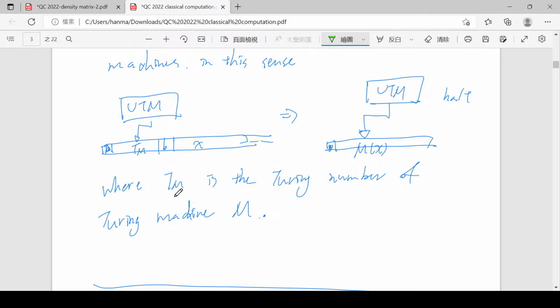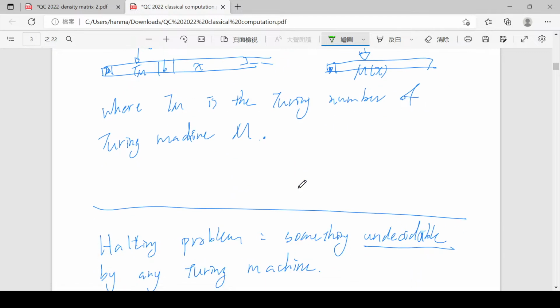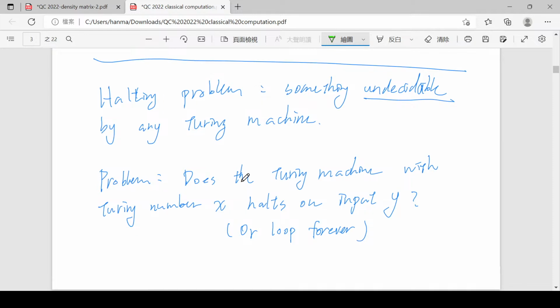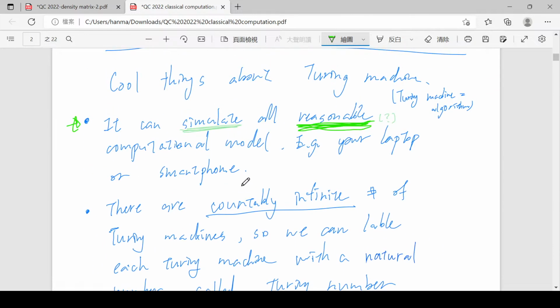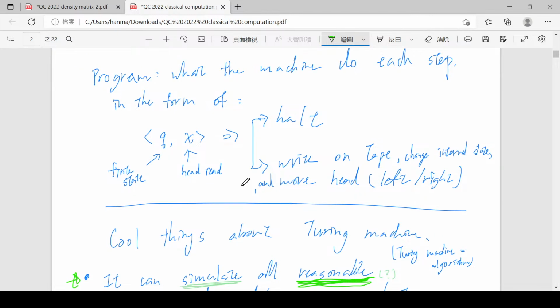Whatever algorithm you want to run, you can put it as an input here on your infinitely long tape, and put the input on the later part, then you will have this. So a Turing machine can do basically all kinds of calculation and algorithm.